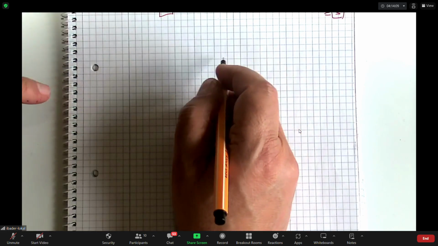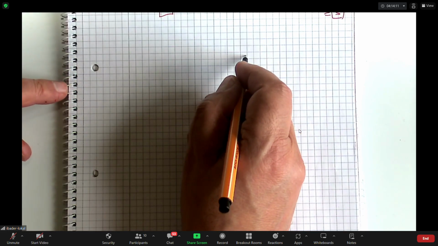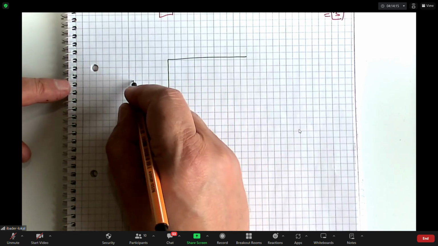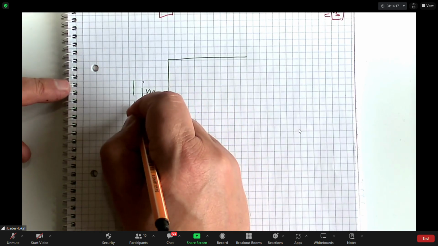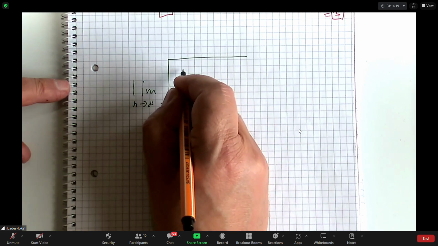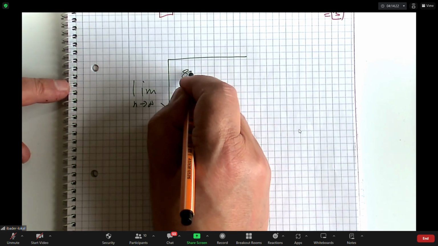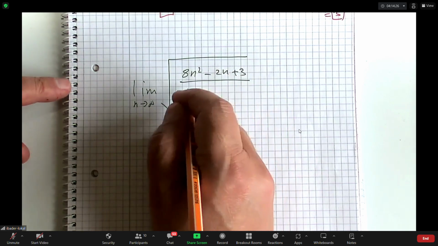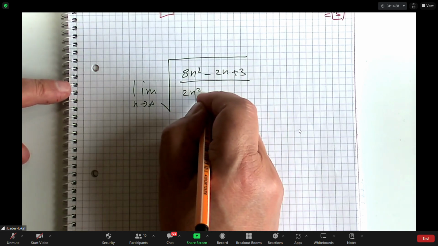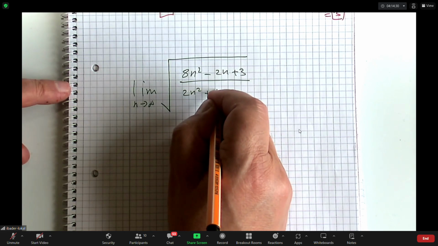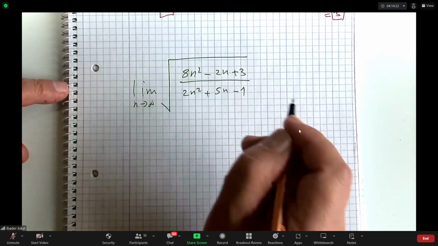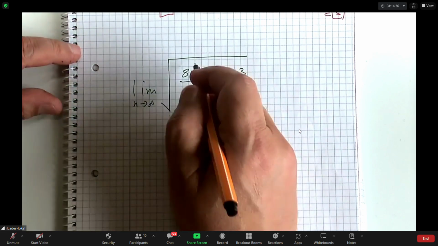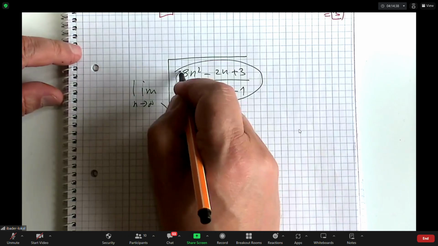let's assume you got this assignment: the limit of the square root, n approaches infinity, of, let's say here, 8n squared minus 2n plus 3 over 2n squared plus 5n minus 1. Okay? What to do here? Then you will evaluate this amount here.